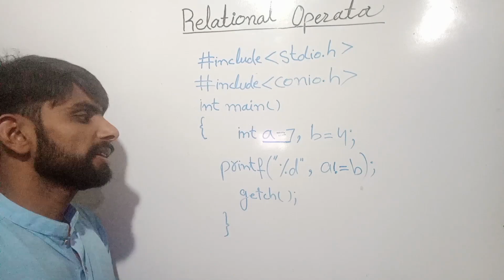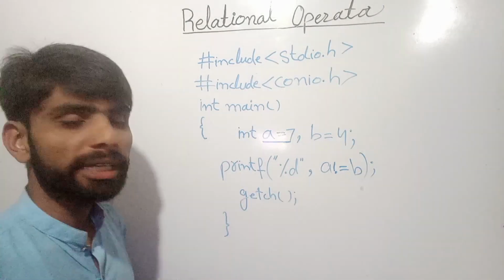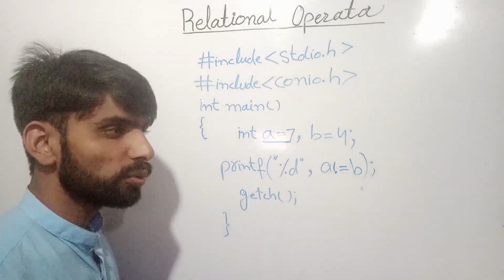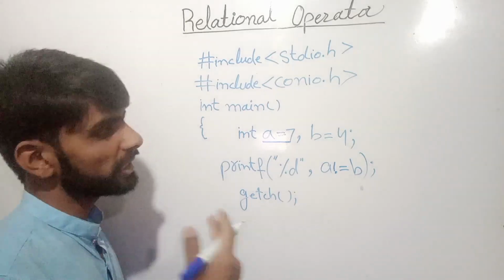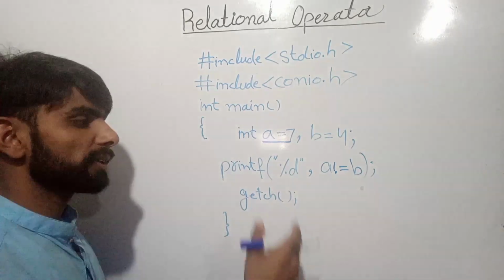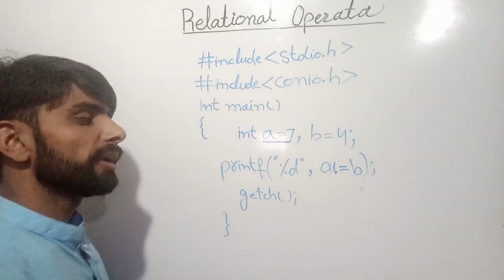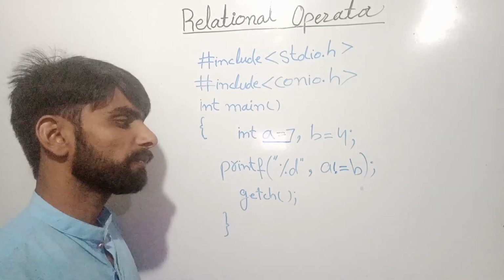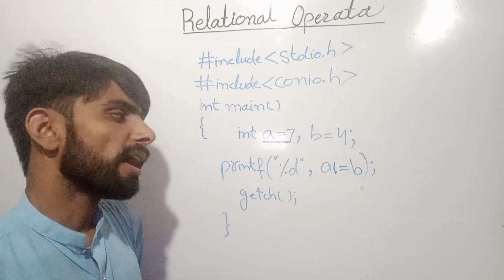The second thing in our C program is that we use multiple operators and multiple operands to do calculations, right? These operators may be arithmetic operators, relational operators, or logical operators in a single condition. Then we have to decide which operation is performed first and which operation will be performed after that.